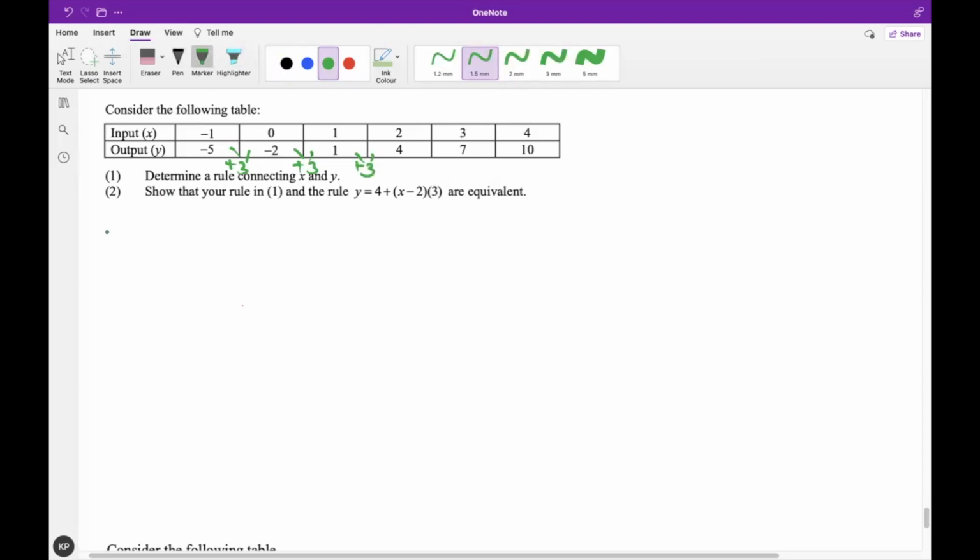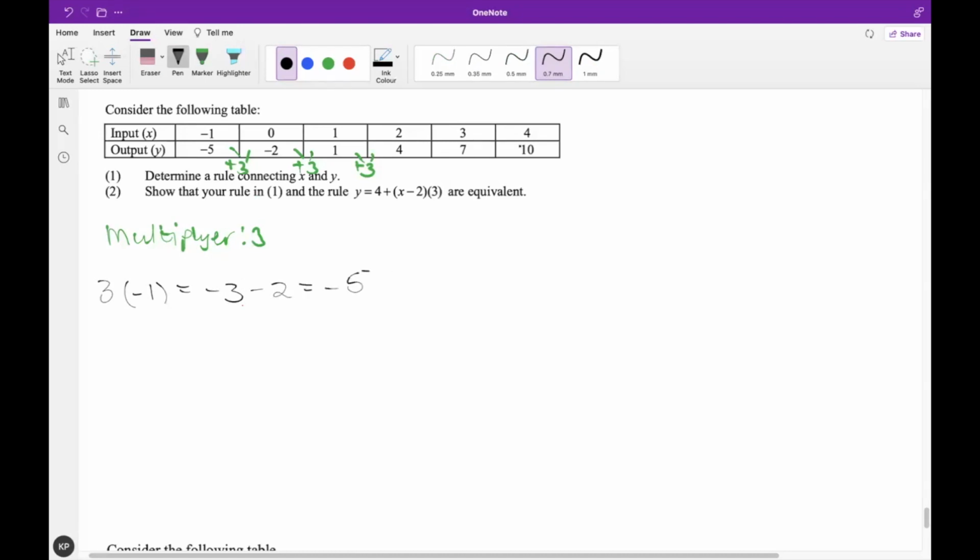So then my multiplier is 3. So 3 times -1, what's that going to give me? -3, but I want -5. So I have to subtract 2, and that's negative 5.